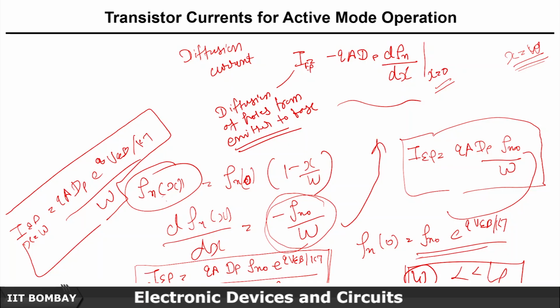Now since we have calculated this for holes entering from emitter to the base, we will do the same for the electrons which are entering from base to the emitter and collector.